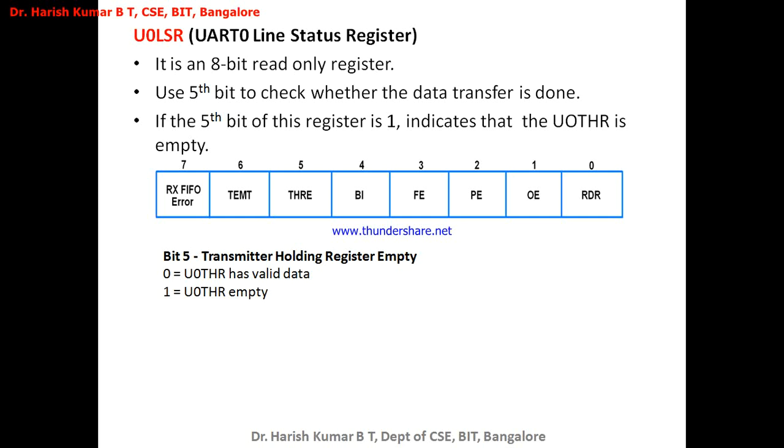Now you substitute there and simplify, we got 19.5, the fraction I ignored, I considered only 19, and 19 when I convert it into hexadecimal I got 13. Now this 13, which register should it go to? It should go to U0DLL. And what about U0DLM? It is 00. So with that I have found it.